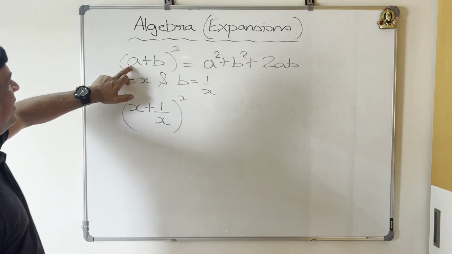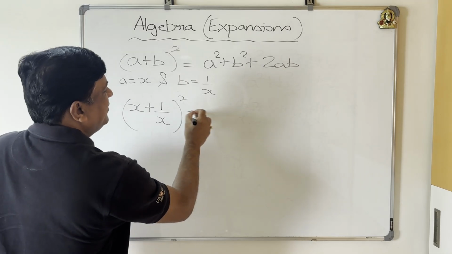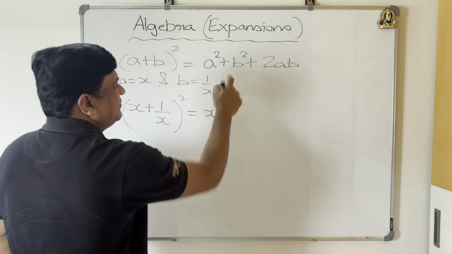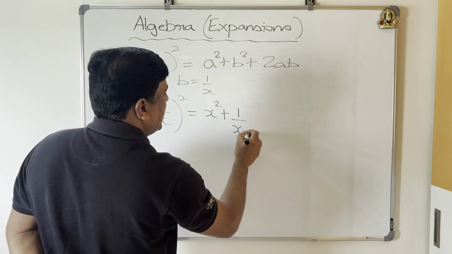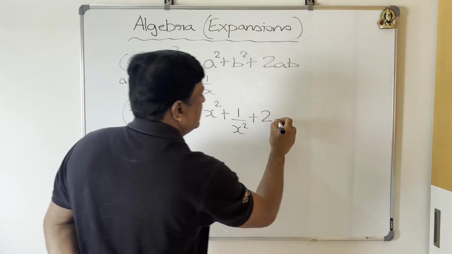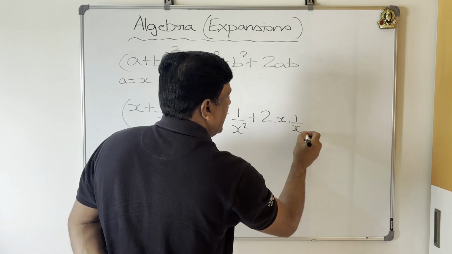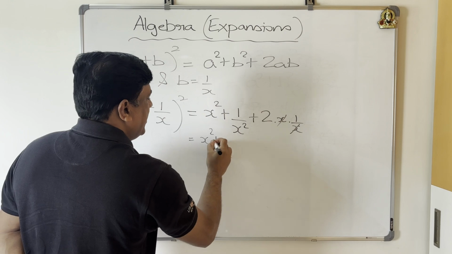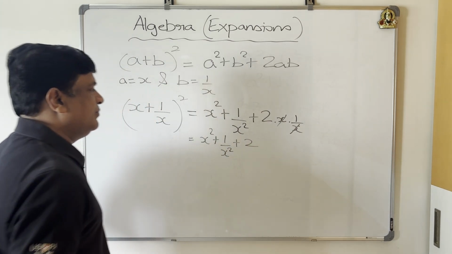Look at it, I replaced a by x and b by 1 by x. On the right side, what will happen? This is a square, which is x square. This is b square. b is 1 by x, so this will become 1 by x square. Plus 2 times x multiplied by 1 by x. So these two cancel out. What do you get? You get x square plus 1 by x square plus 2.